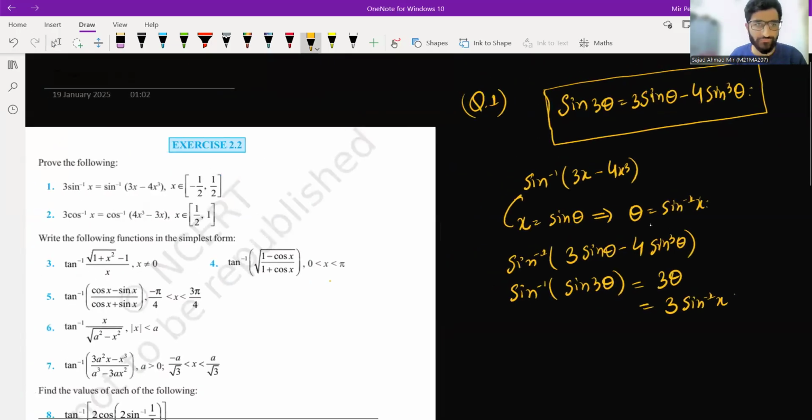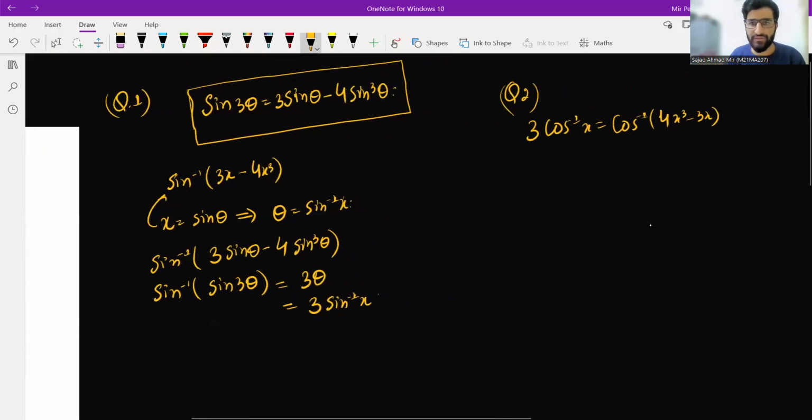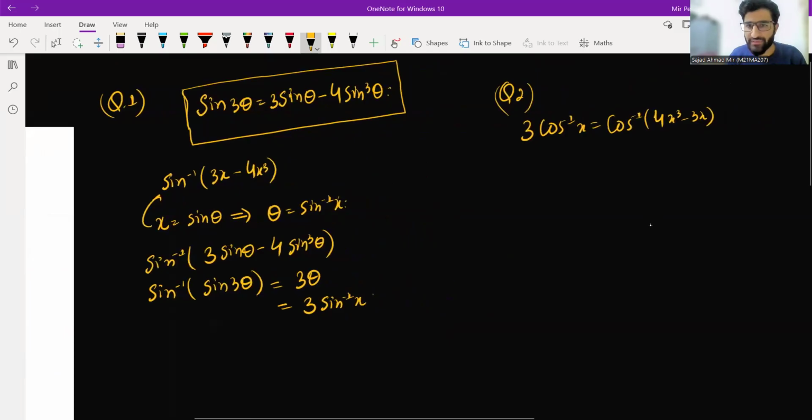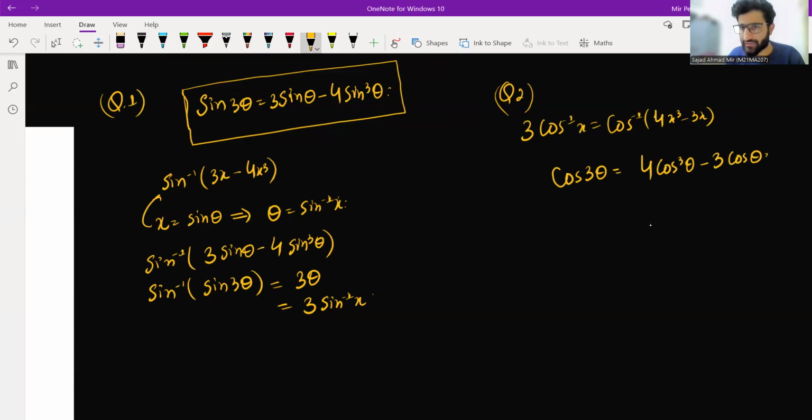This is what we have to show. Again doing the same thing, but this time we'll be using the trigonometric identity: cos of 3 theta is equal to 4 cos cube theta minus 3 cos of theta. So this is the trigonometric identity.